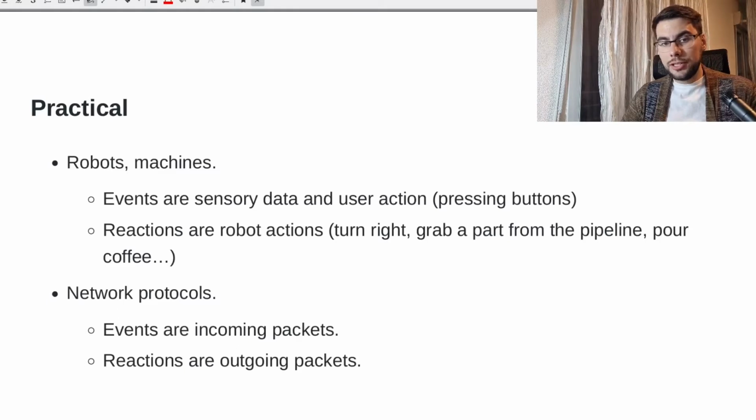And reactions are going to be robot actions like turning right or grabbing something with a mechanical hand, or pouring coffee if this is a coffee machine. Second large area is network protocols, where incoming packets are going to be events and reactions are going to be outgoing packets.